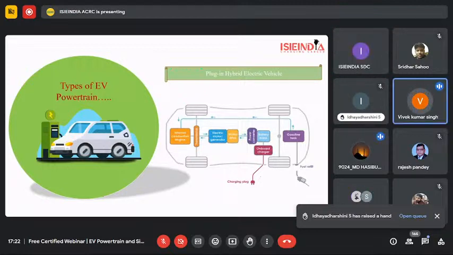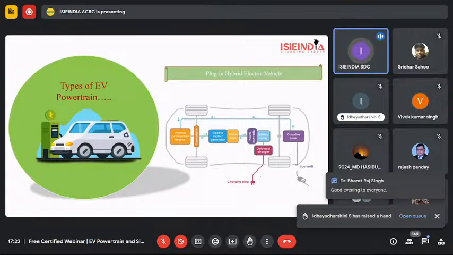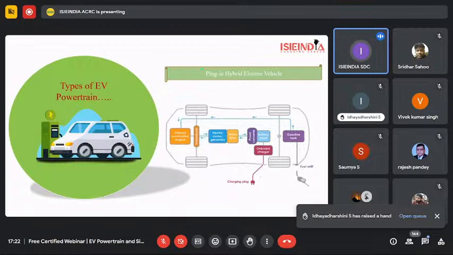Because there is no conversion, or you can say there is a limitation in the onboard charger, because of that conversion the efficiency decreases. So every time we talk about fast charging, just be clear that it is DC charging.